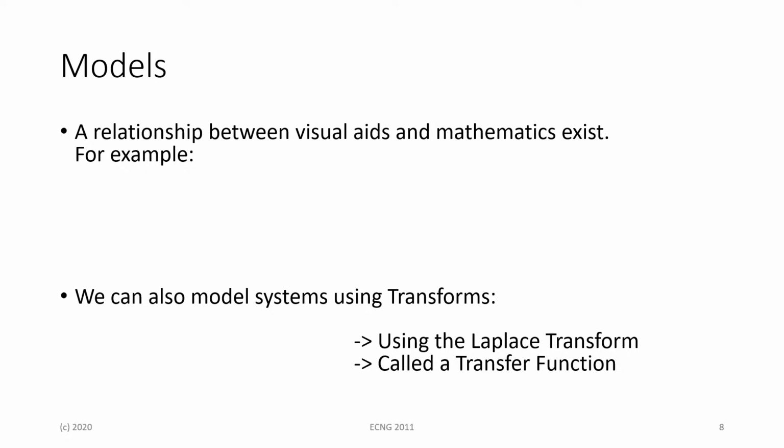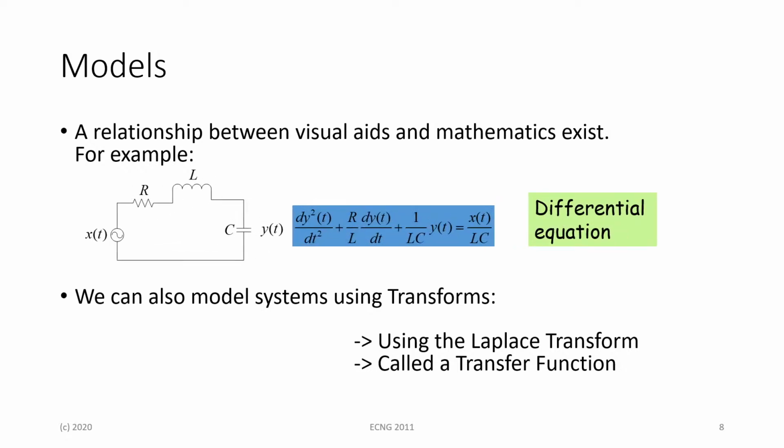When we obtain our Laplace equations, we also refer to this as a transfer function, which maps the output signals to our input signals. Or in short, it's the output divided by the input. Here we go. There, it's already figured itself out.